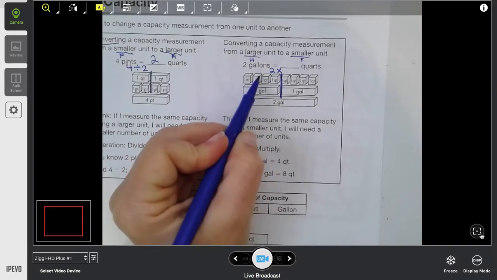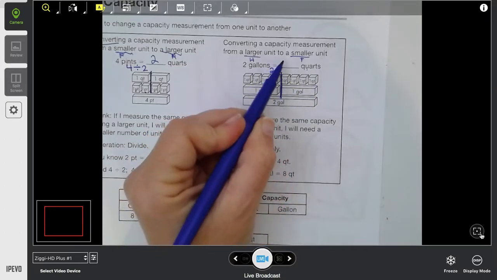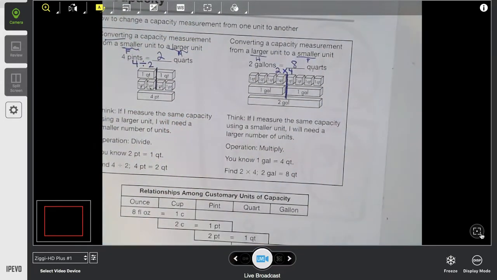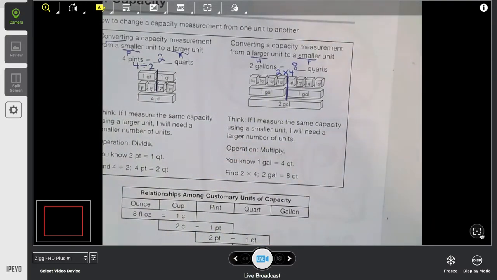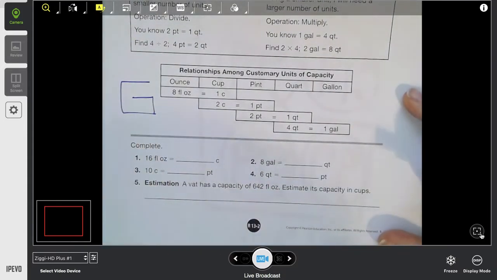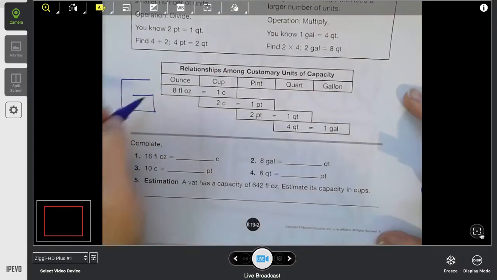So if 4 quarts is 1 gallon, 8 quarts would be 2 gallons. There's my 8 quarts, and it makes my 2 gallons. Here's another one of those drawings to help you if this helps you. Honestly, my big G helps me more than this. So I would draw my big G.